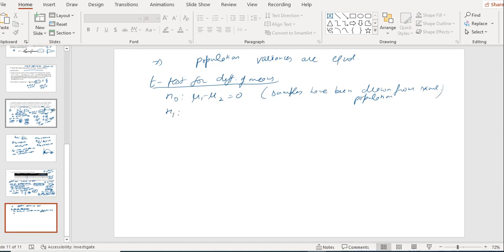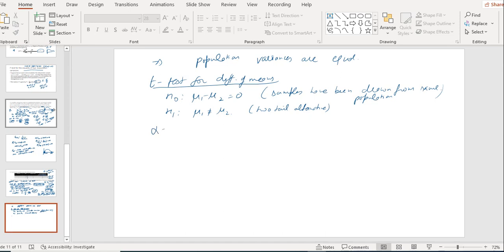And the alternative is that they are not, so it is a two-tail alternative. Because the t distribution is symmetric, we can apply one tail or two tail depending upon the type of problem, but for the F distribution we preferably apply a right tail test only, because it is rightly skewed.